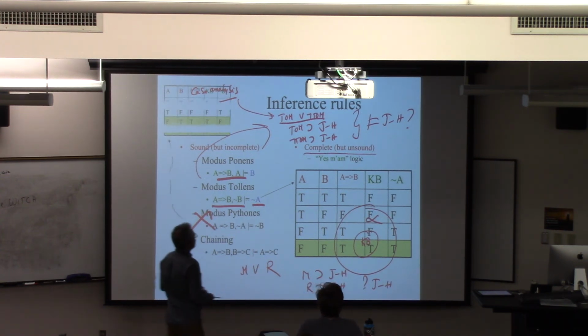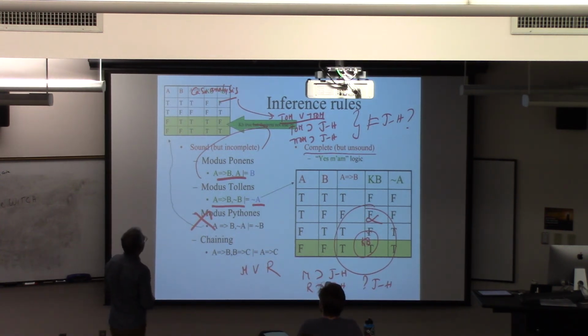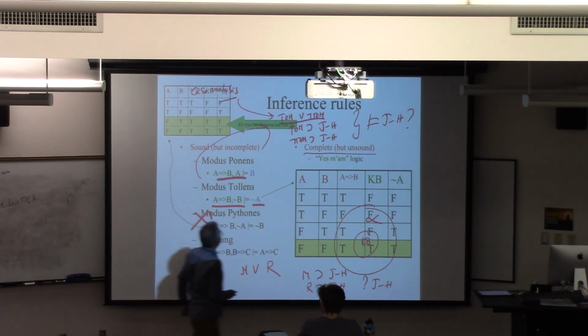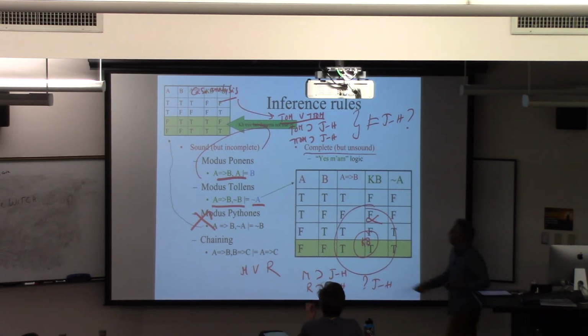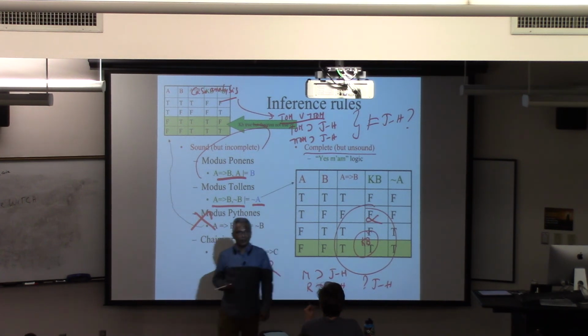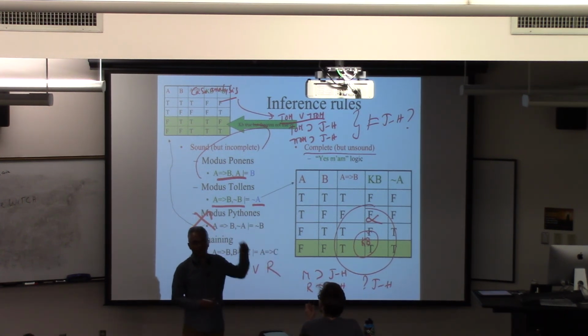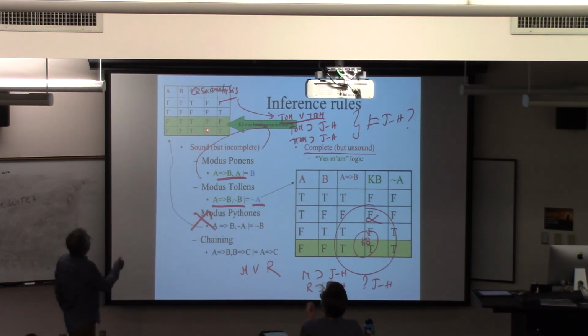This other part is showing why this is an unsound inference. Just as I showed one is a sound inference, I showed the other one is unsound. Basically, I'll be able to show that there are two places where the knowledge base is true. In only one of the places, the fact is true, the other is false. So you couldn't have written the fact to be entailed. So ultimately, you show soundness by the truth table method. Truth table method is the semantics.